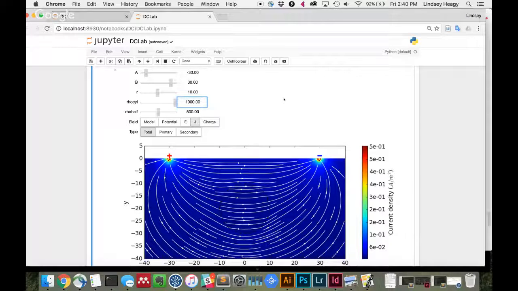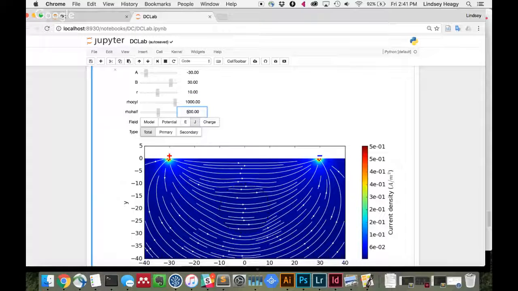So let's do that. So let's do the cylinder. Takes just a second to do. So if we do that, you can see that it has done that to a small extent. I can accentuate this even more by making this background region less resistive.